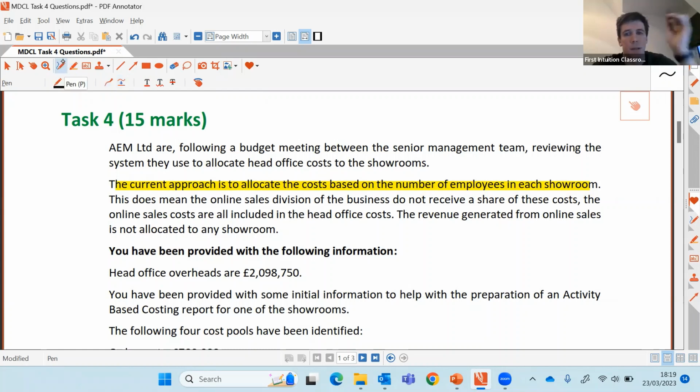Okay. And there's a problem with that, as you can see: this means that the online sales division of the business does not receive a share of these costs. The online sales are all included in head office costs. So effectively, the costs haven't been split out appropriately.